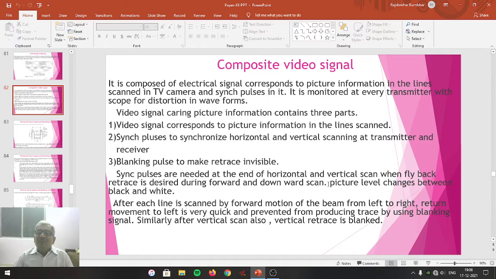Friends, picture level changes between black and white. After each line is scanned by the forward motion of the beam from left to right, the return movement to the left is very quick, as we already studied in the scanning process, and the beam is prevented from producing a trace by using the blanking signal.